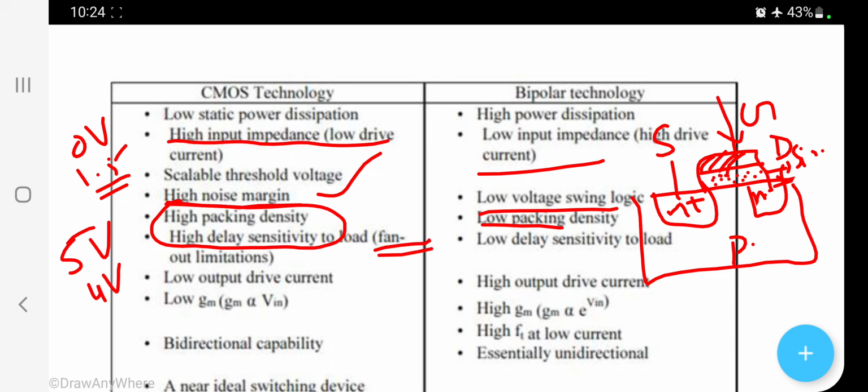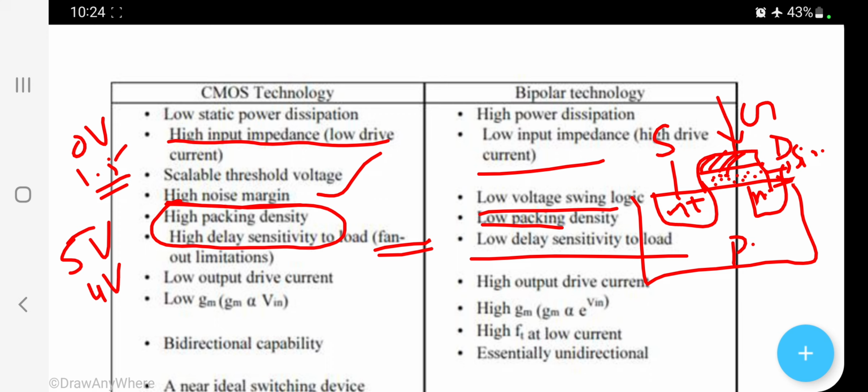So the number of output gates which we can drive with a gate designed with CMOS is less, because it cannot provide larger currents, whereas bipolar gives low delay sensitivity to load, because it can drive larger loads and provides more current.